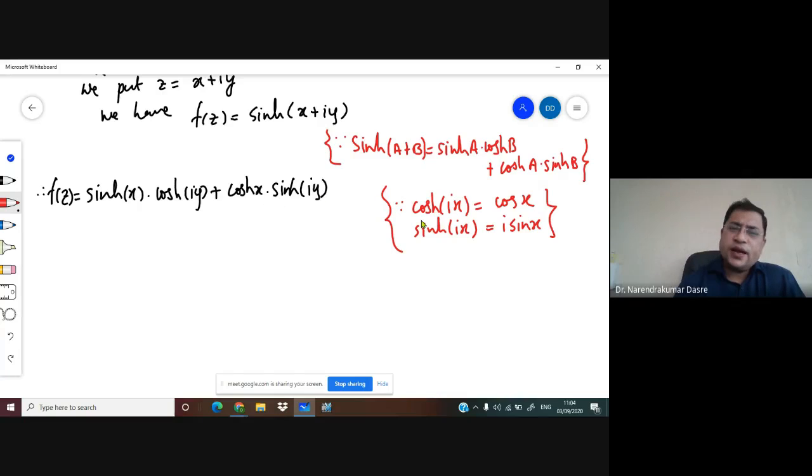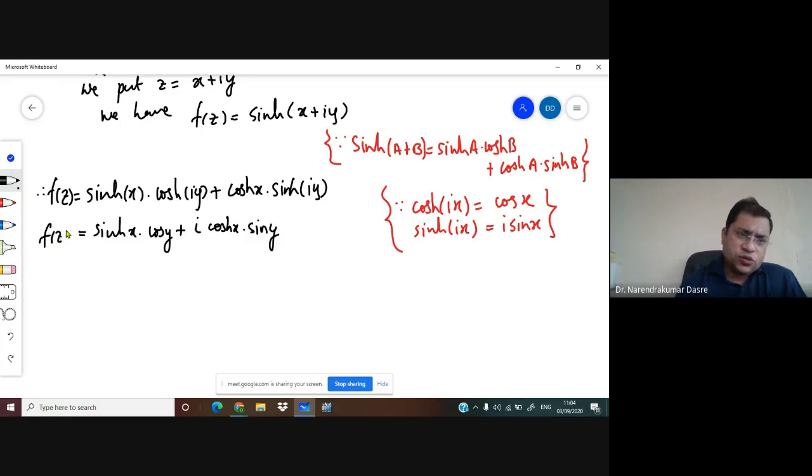I use this formula and simplify. So I'll get sine hyperbolic x cos y, plus cos hyperbolic x and i times sine y.